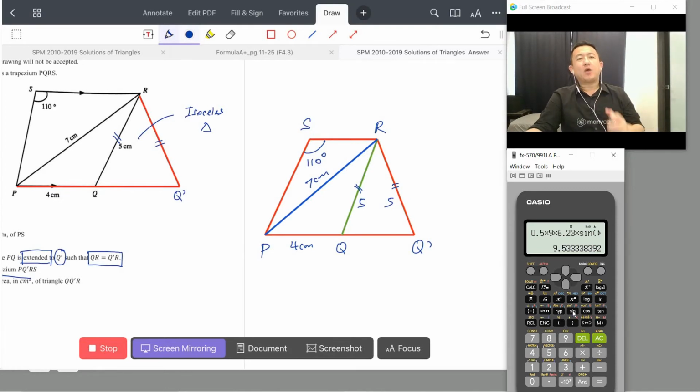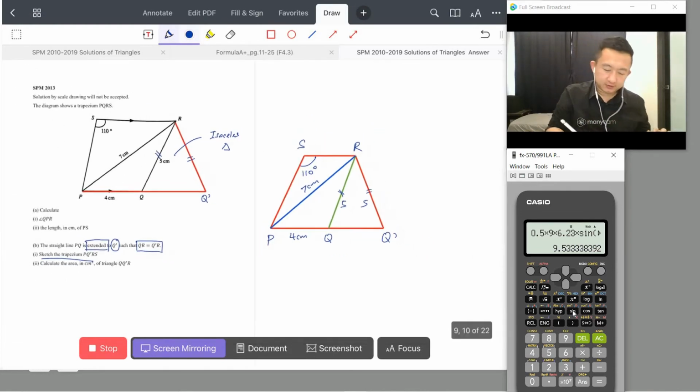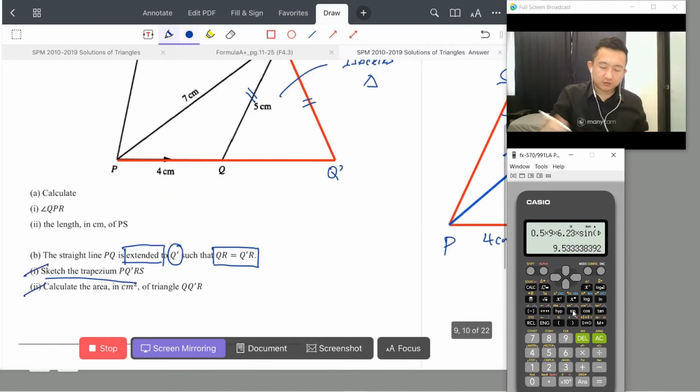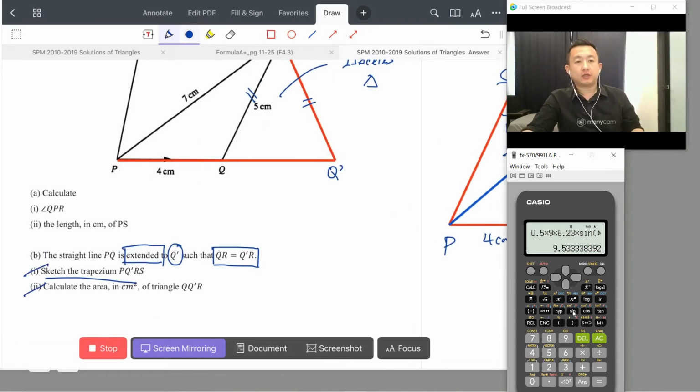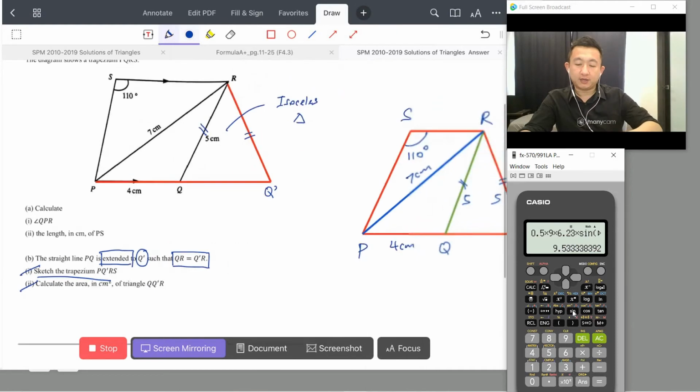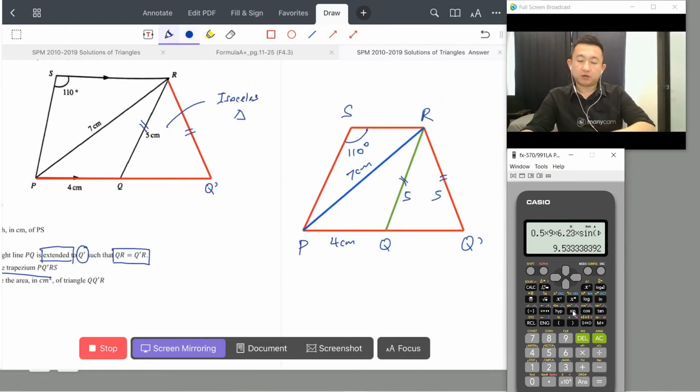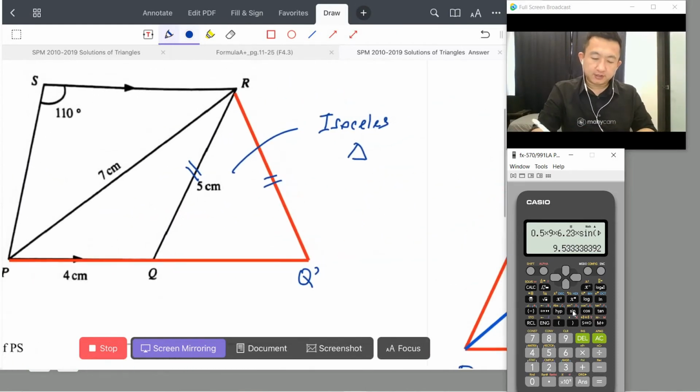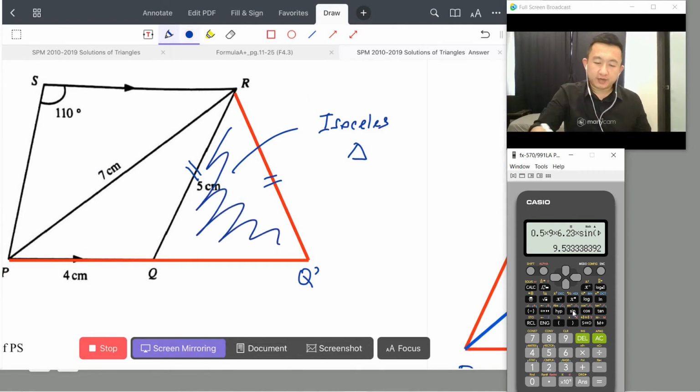Now this time around, we are not sketching a new triangle, but a new trapezium, with the same concept. So B1 done. We have to calculate the area for the triangle Q prime R. To calculate this triangle, look at what we have here.